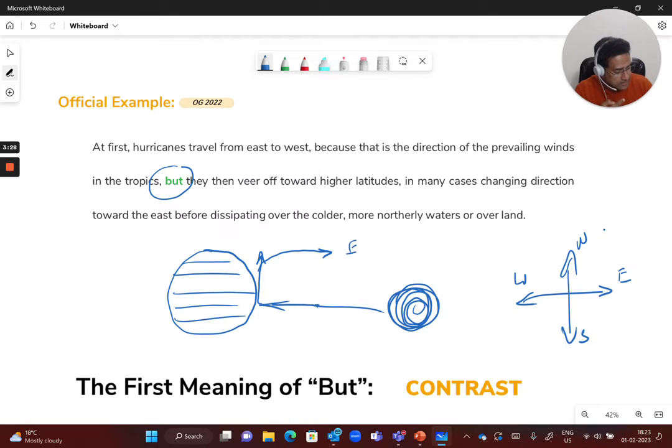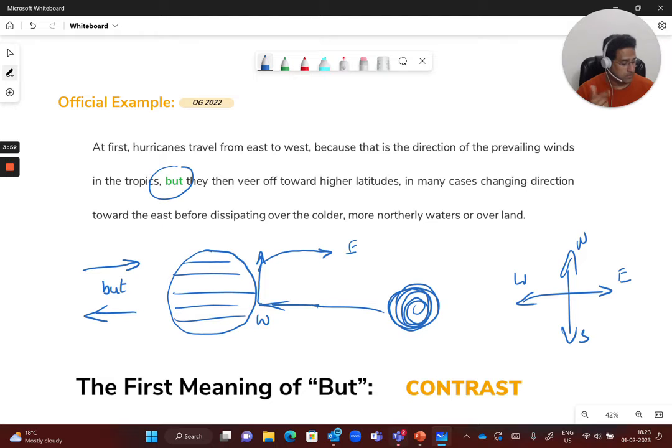So what we see here is a total reversal in the direction of motion of the hurricanes. And this is a relationship that is certainly one of contrast or opposition, which can be successfully communicated with the help of the word but. So this was the first meaning and the most common meaning.